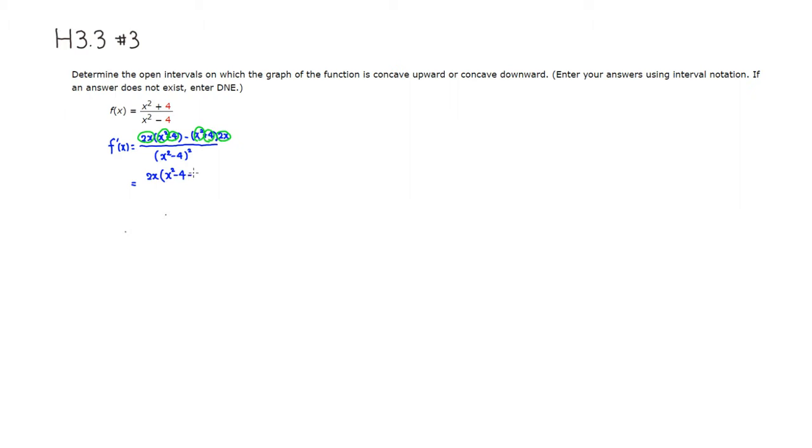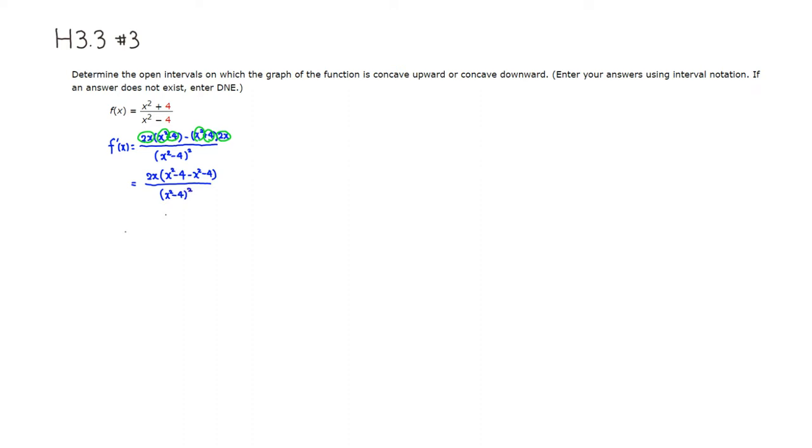So we have a minus quantity x squared plus 4, all over x squared minus 4, squared.